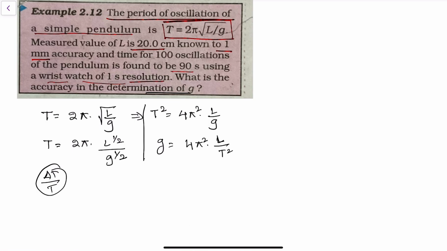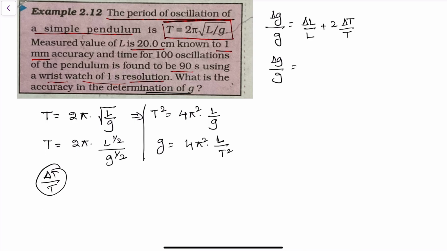So we will write delta g by g is equal to, so 4 is a constant, pi square is a constant. We will not find the error in these. We will simply write delta L by L plus 2 into delta T by T. Delta g by g is equal to, what is delta L?